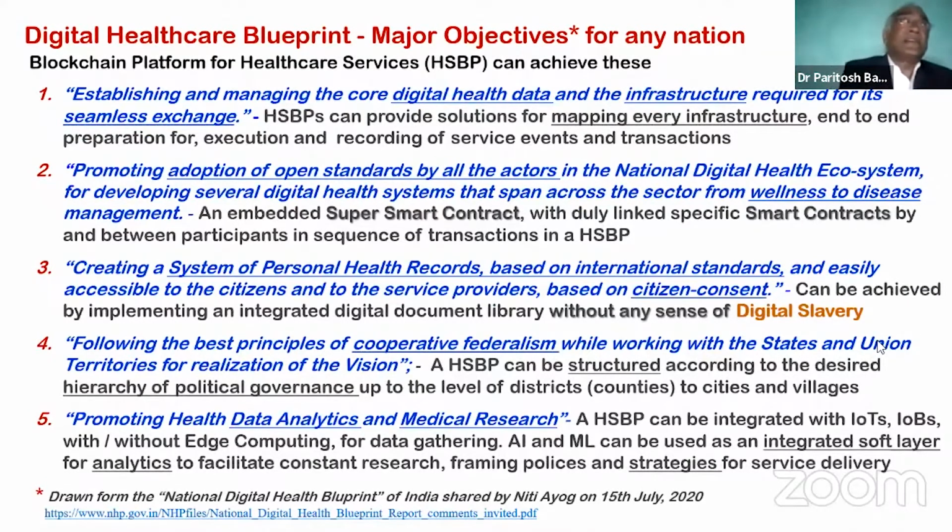All these data can only be compiled, recorded, and kept in the system with the digital consent of the citizen and the patient. These data will be not only for sickness management or disease management, but also for wellness management. And that is possible without a sense of digital slavery.